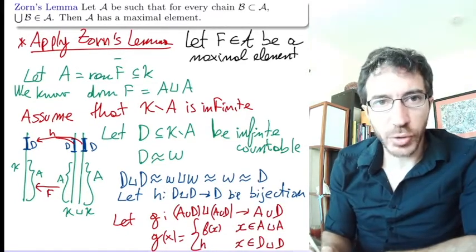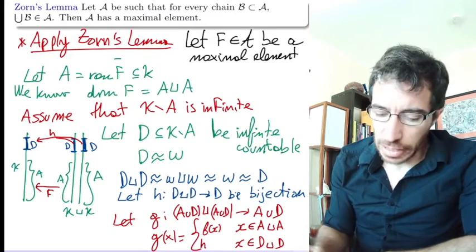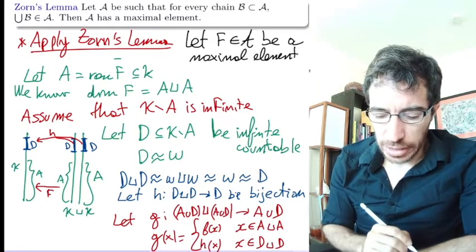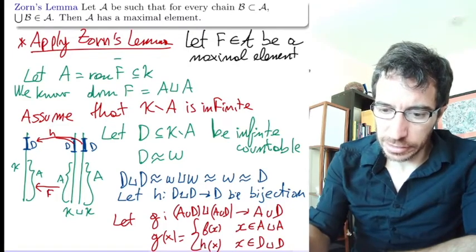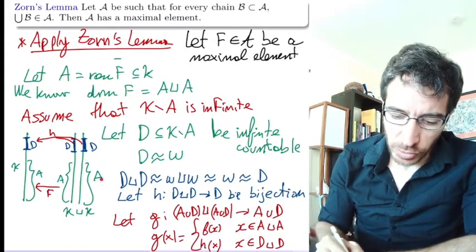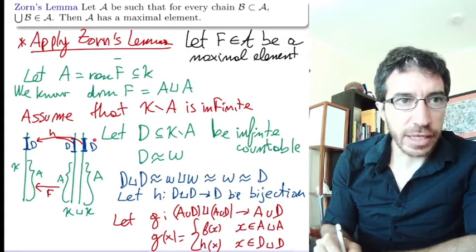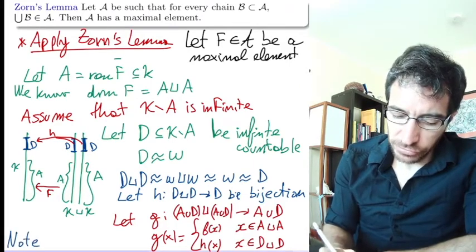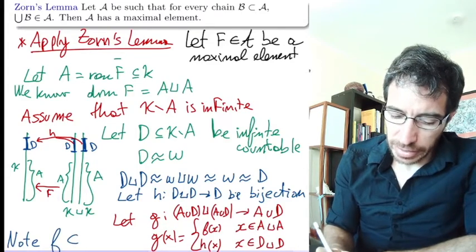If x belongs to A union A, you use f, and if x belongs to D union D, you use h. So now f is extended by g.